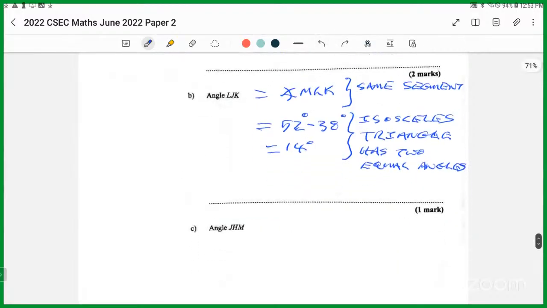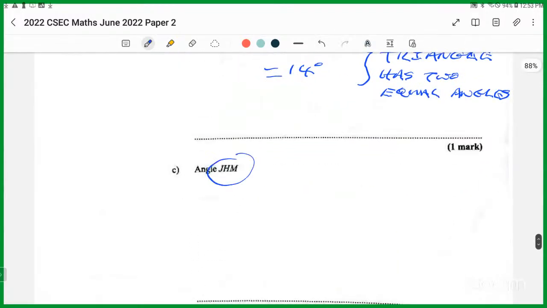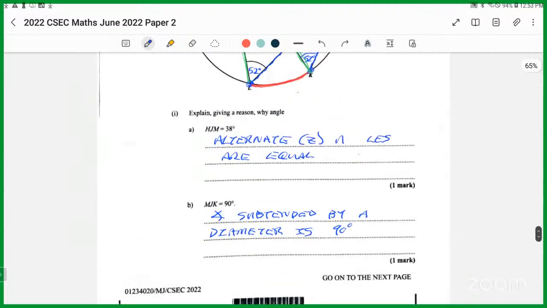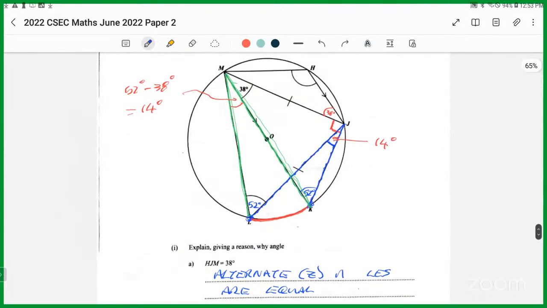Then the last angle I want is now angle JHM. Let's see. I like to put on angles that we find on the diagram in case we need to use them again. So that's 14 and 14. Let's put the two 14s on the diagram, because a lot of the time they need to use them again.